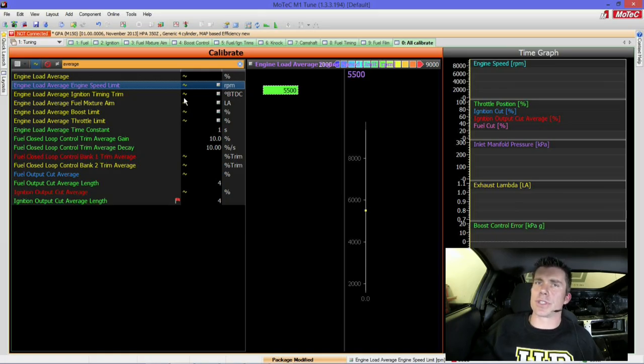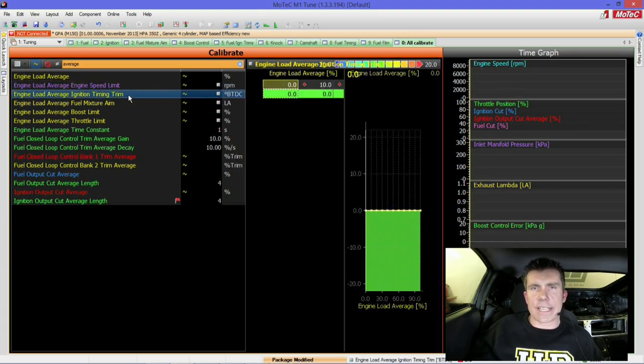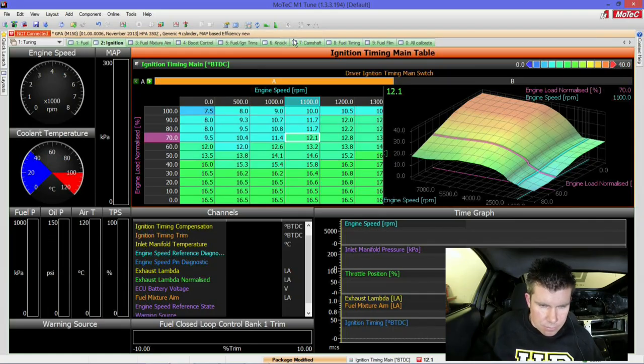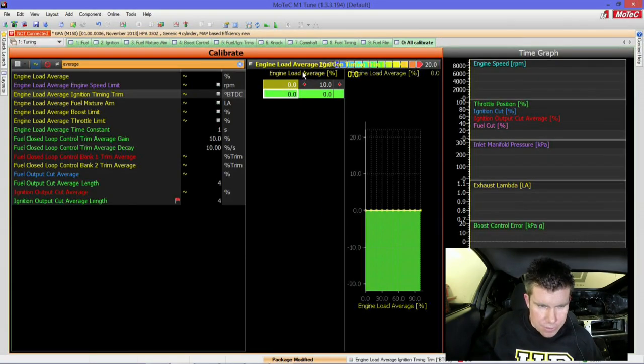So if the engine's being driven too hard, we could actually drop the engine rev limiter down. That's a pretty harsh way of dealing with safety. Probably more subtly what we can do is start trimming some ignition timing out. So if I just full screen this, oops, didn't really want to do that.